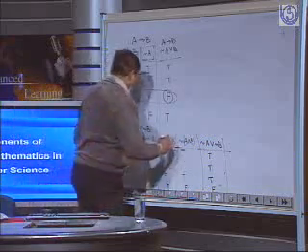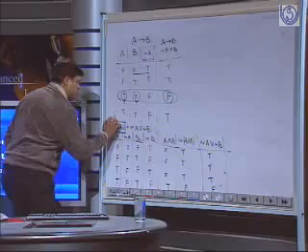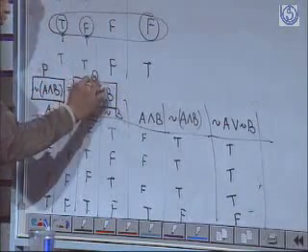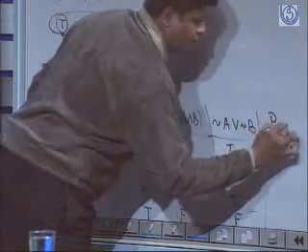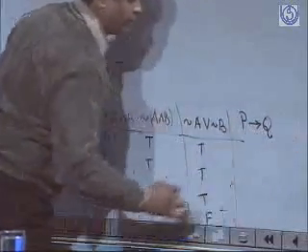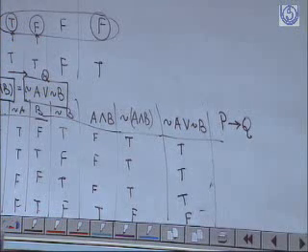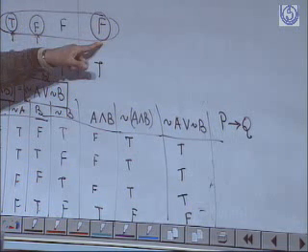So if I rename this entire section as, say, P and this entire section as, say, Q, then the rule should be like this: P implies Q. Now refer to the implication table. When A is true and B is false, then only false is there.